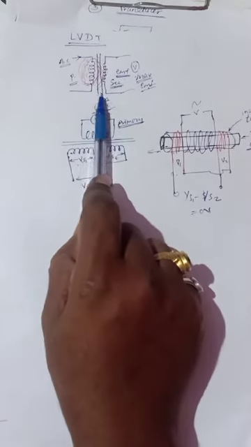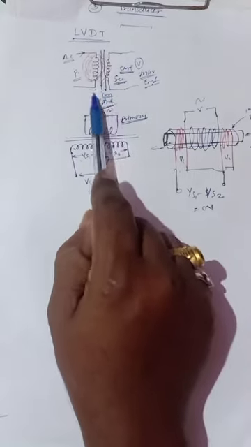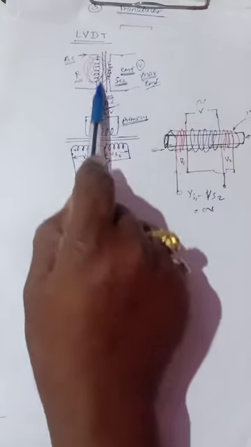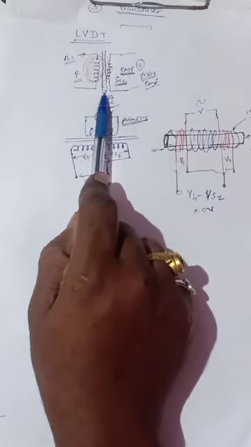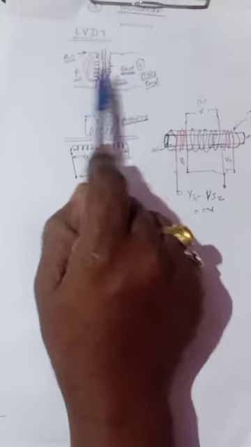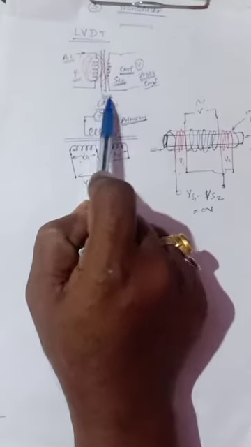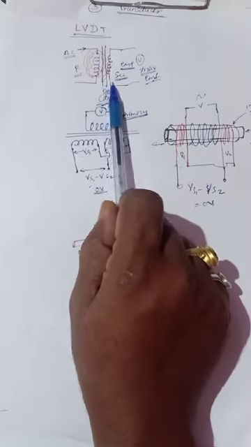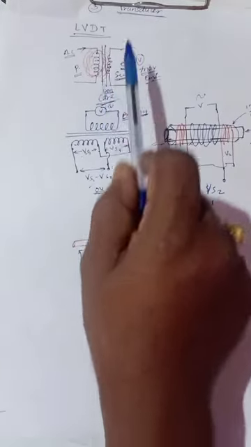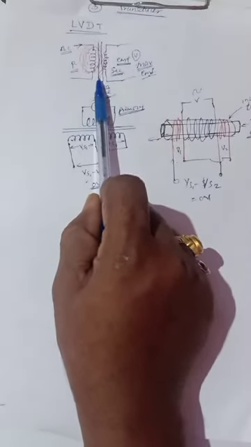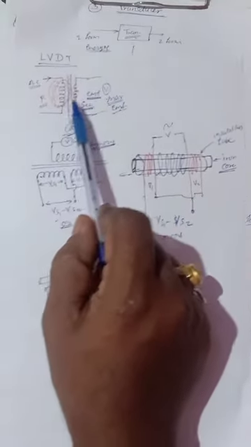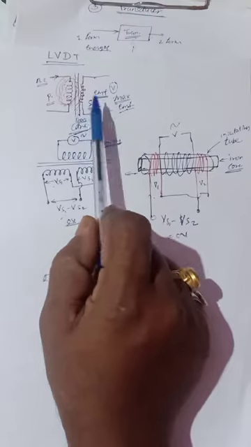There are different methods to create a core, but here we simply consider this is an iron rod, and these two windings are wound on the same iron core. This iron core is used to concentrate the surrounding magnetic field in the iron core, so that the EMF is increased and the mutual inductance is increased.